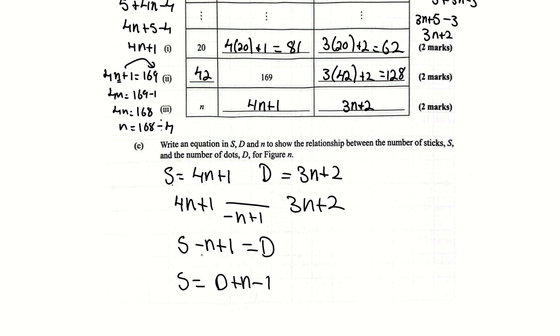Either one should work, but that would show the relationship in terms of S, D, and n. Right? So S is D plus n minus 1, or we can say D is equal to S minus n plus 1. And that is how we would have done this question here.